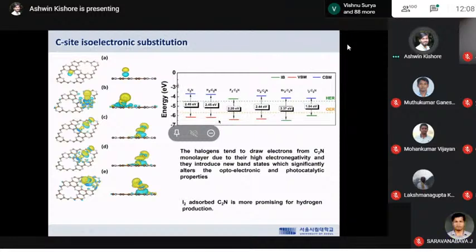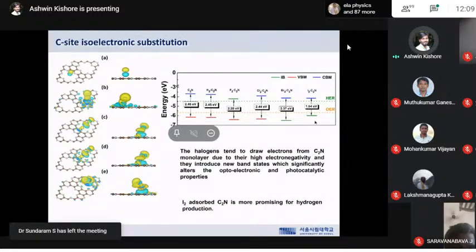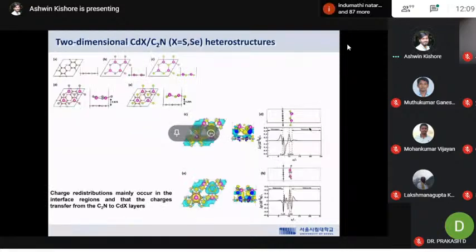So from the band edge positions, we come to a conclusion that the iodine substituted C2N system is more promising for water splitting because of the optimum band gap and suitable band edge positions.